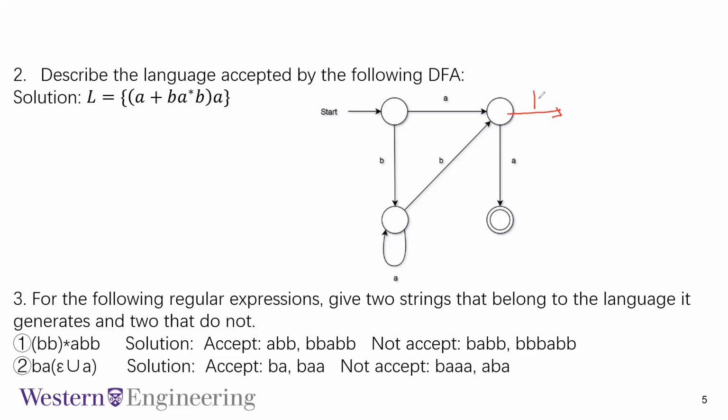If it meets B, it will move to a state. However, this is not an accepted state, so there is no need to draw it. Okay, awesome. Thank you.